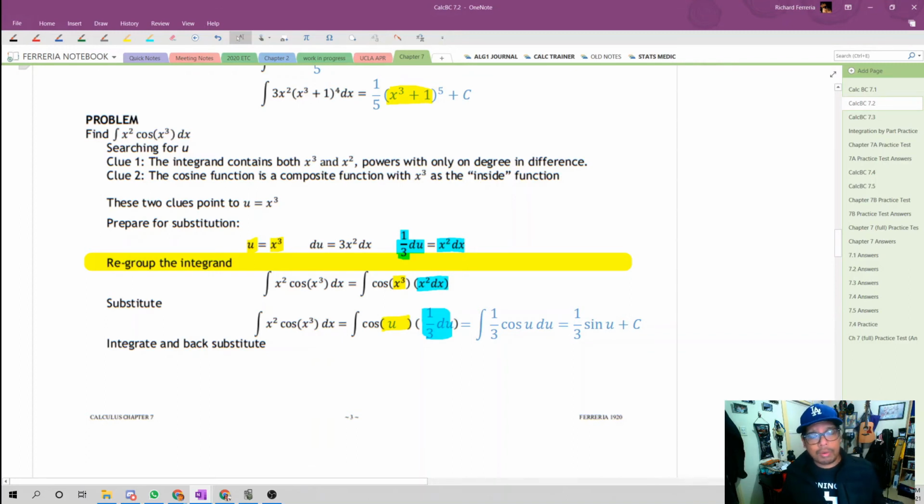It's just 1/3 sine of u plus constant. And now that we have an antiderivative in terms of u, we just need to resubstitute to get an antiderivative in terms of x. So the antiderivative is 1/3 sine of x cubed plus constant. So that is our substitution method.